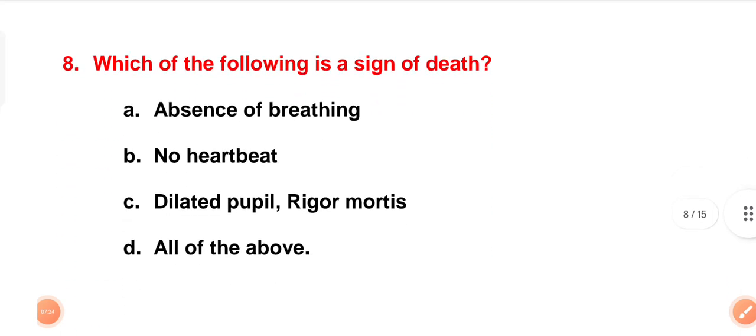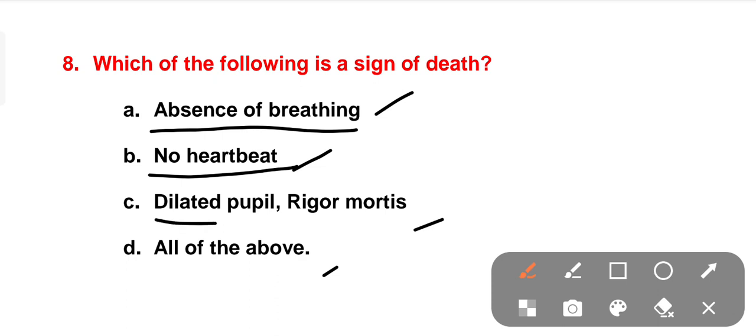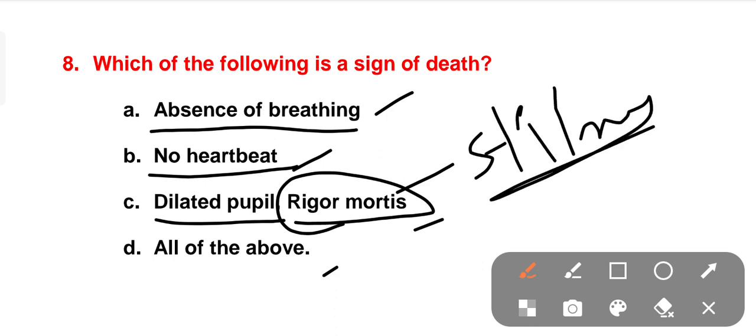So the next question is, which of the following is a sign of death? You have seen a person who has unconsciously fallen down on the floor. Among these options, how can we say the person is dead? The first option is absence of breathing, then no heartbeat, dilated pupil, and rigor mortis. Rigor mortis is nothing but stiffness of the muscles.